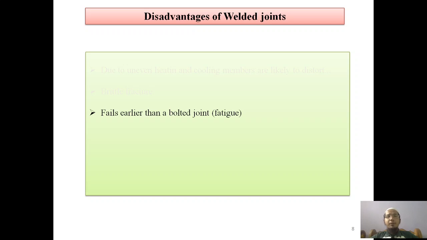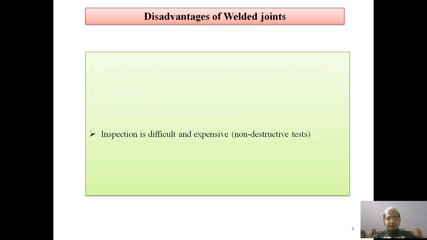In case of vibrations or continuous loading, fatigue stresses will generate, and as we have discussed, the welded joints are over rigid or more rigid, and due to this rigidity they will fail earlier than the bolted joints.